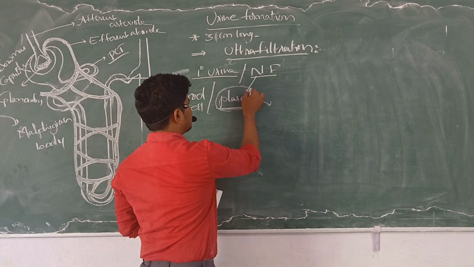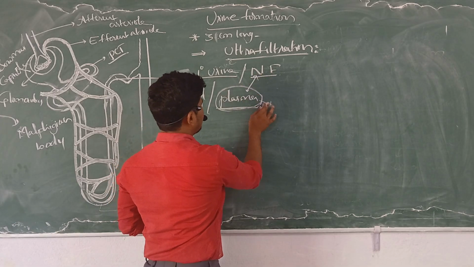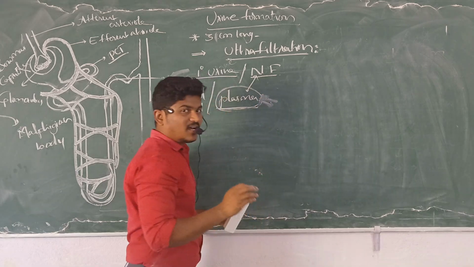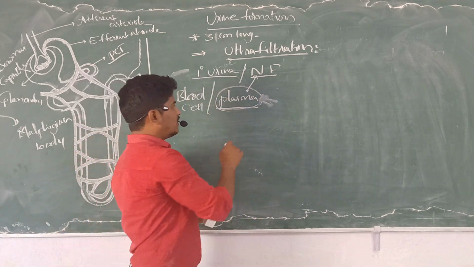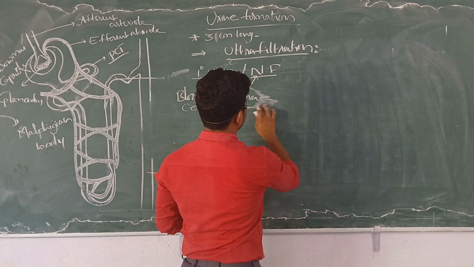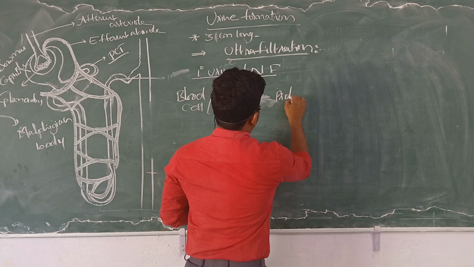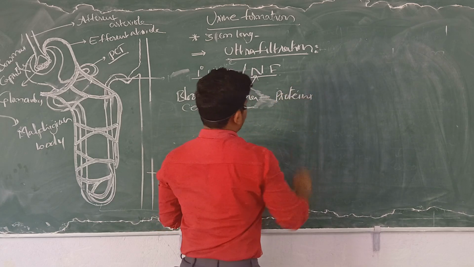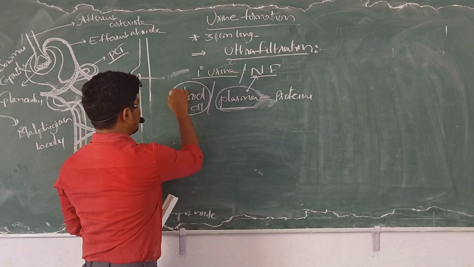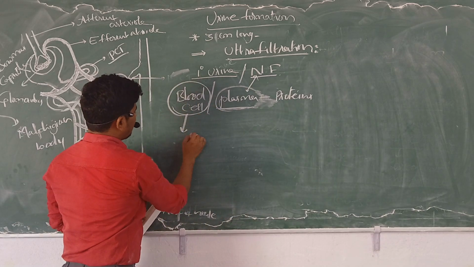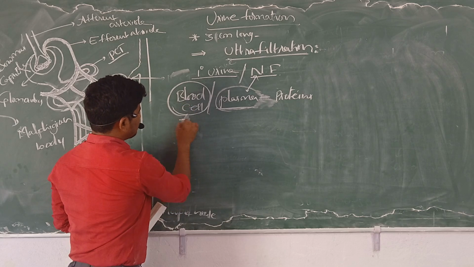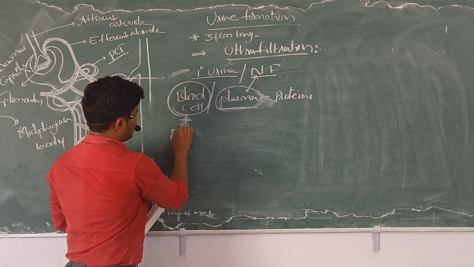Nephric filtrate is isotonic to plasma, and whatever plasma contains, but usually plasma has proteins, here it is plasma minus proteins. It won't have any proteins. Now in the afferent arteriole, they have the blood cells plus proteins.